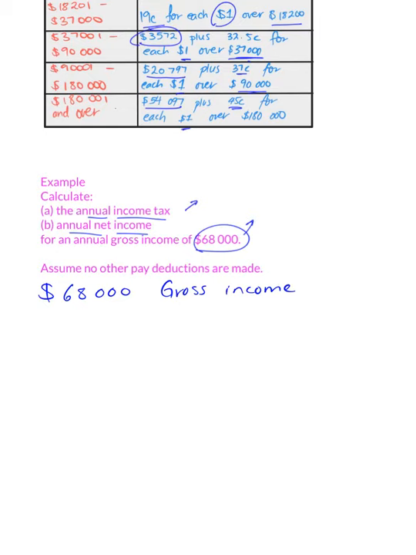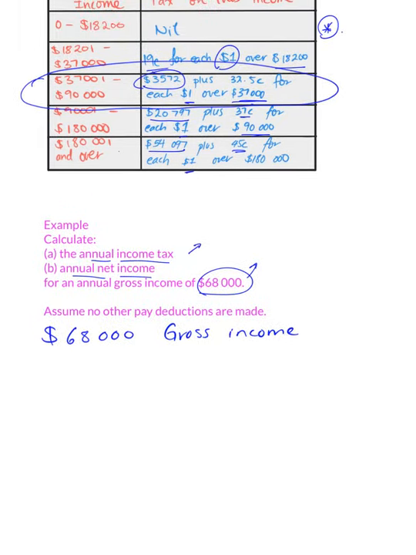So $68,000 falls into this bracket over here. And for that bracket, we are paying $3,572, that's a fixed rate, plus 32.5 cents for each $1 over $37,000. So we need to break this figure up.